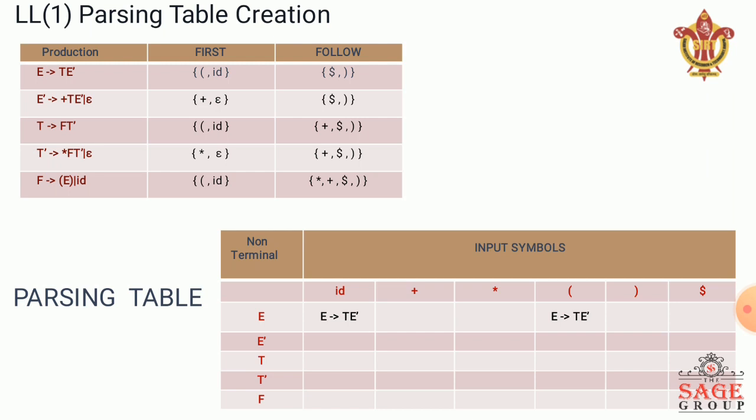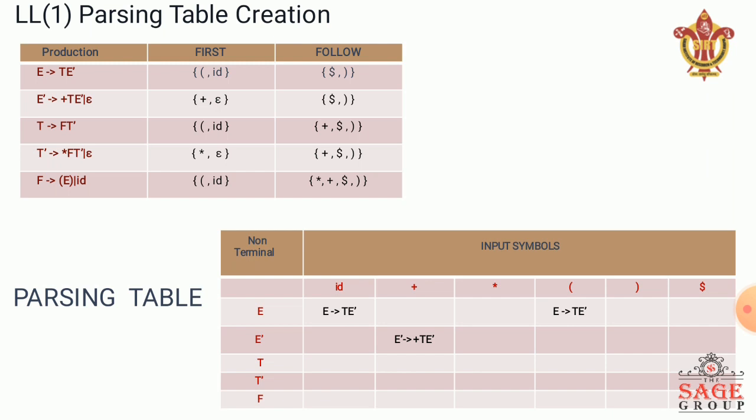Now for the second variable, there are two productions: plus T E dash and epsilon. In case of plus T E dash, the row of E dash and the column of first of this production, which is plus. So in the row of E dash and column of plus, we write E dash produces plus T E dash.